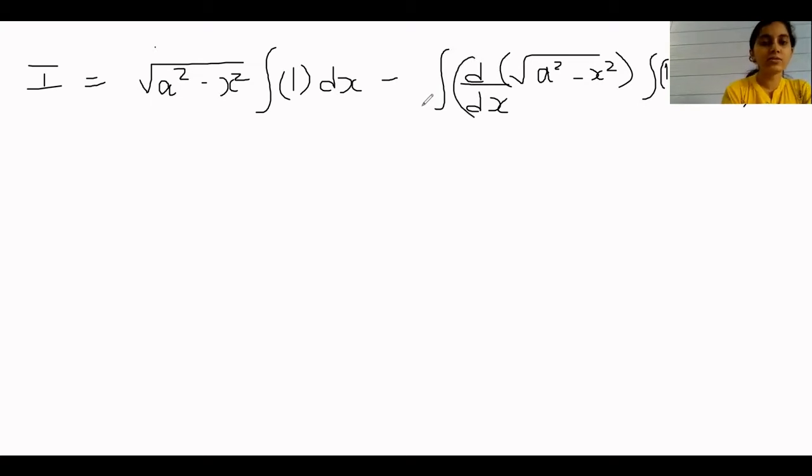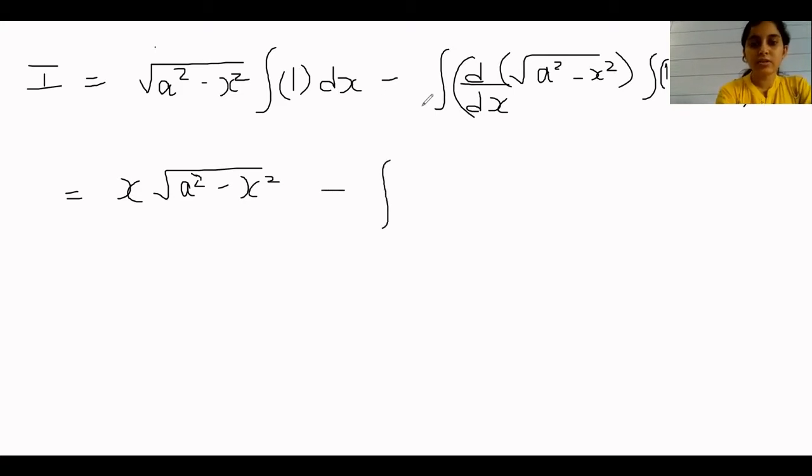Now the next step: what is the integration of 1 dx? It will be x root of a square minus x square, minus. Now the first integral remains as it is. Let's take the derivative of the term.